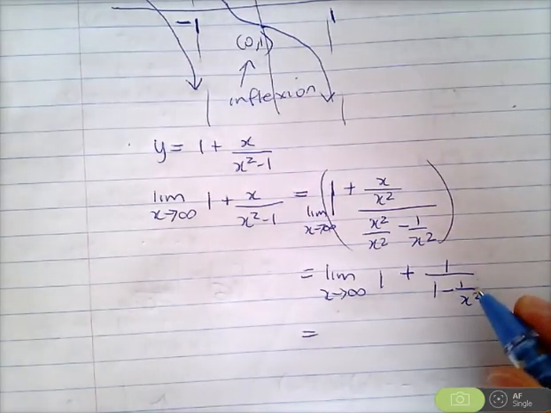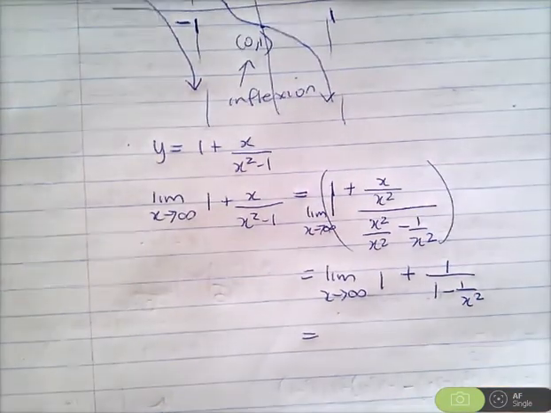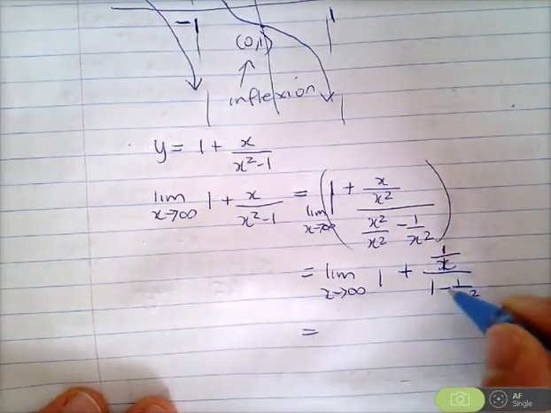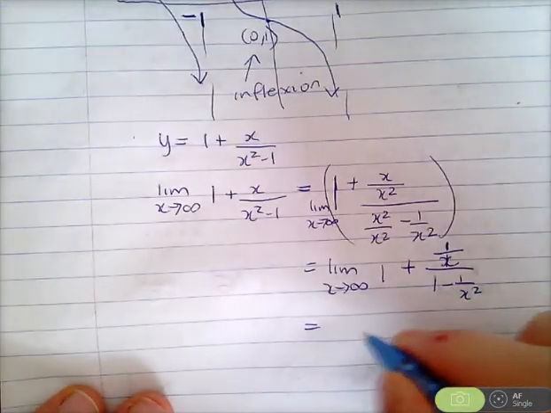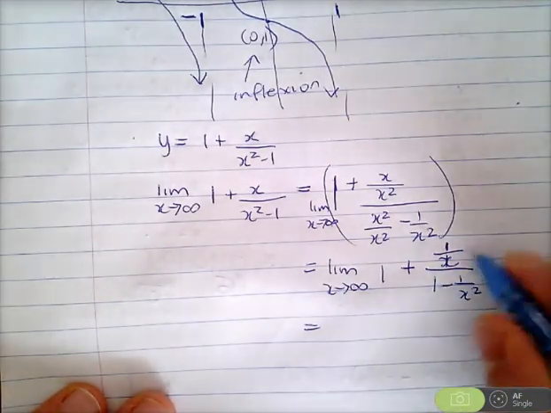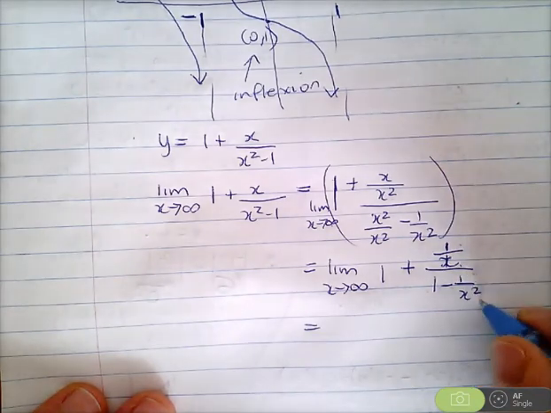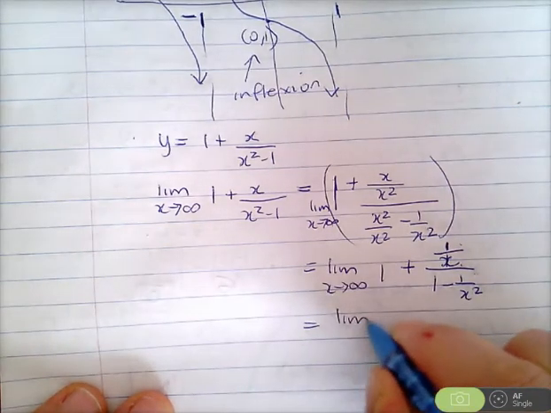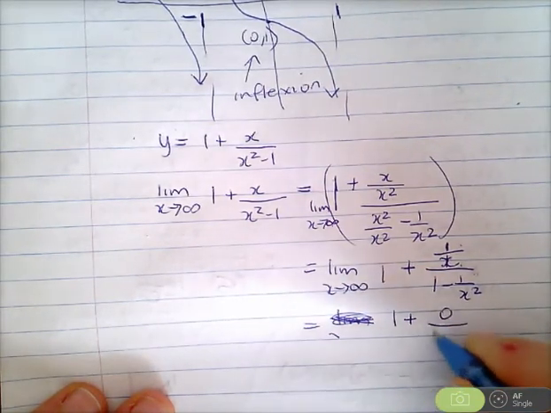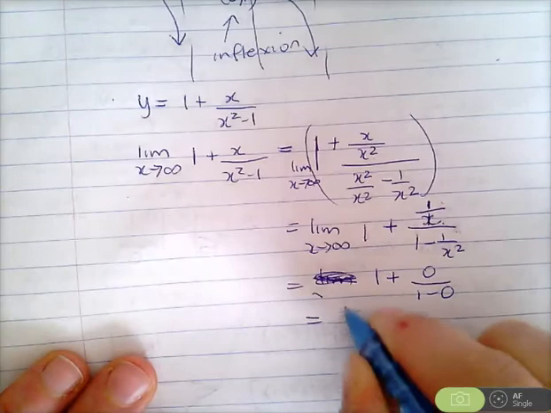Now, we know that x on x squared is 1 on x. So knowing that the limit as x approaches infinity of 1 on x is 0 and of 1 on x squared is 0, substituting that in, we get 1 plus 0 over 1 minus 0, which is 1.